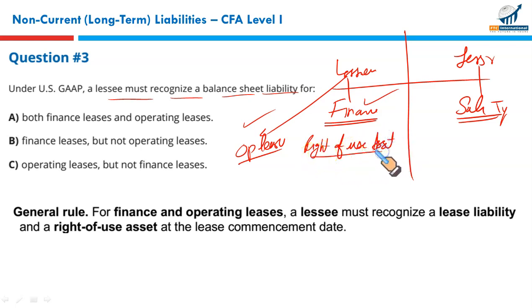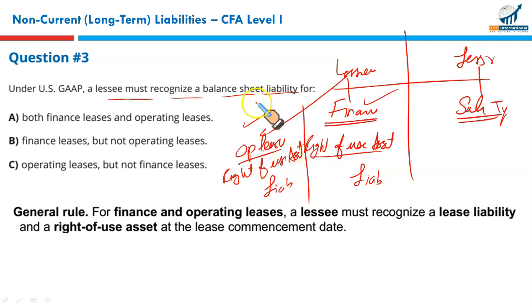Right of use asset debit, and credit is lease liability. This is the same entry we pass in finance lease and the same entry we pass in the operating lease. This was not the case previously. Right of use asset debit, and liability credit.